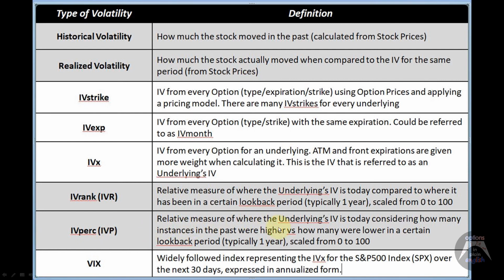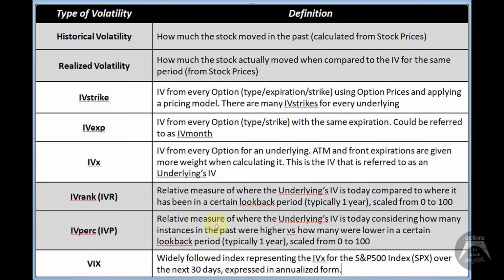IV percentile is a little bit different. It's a relative measure of where the underlying IV is today, considering how many instances in the past were higher versus how many were lower in a certain look-back period, which is typically 1 year, scaled from 0 to 100. Again, IV percentile is a bit more accurate because it's not susceptible to being skewed by a single spike up or down.